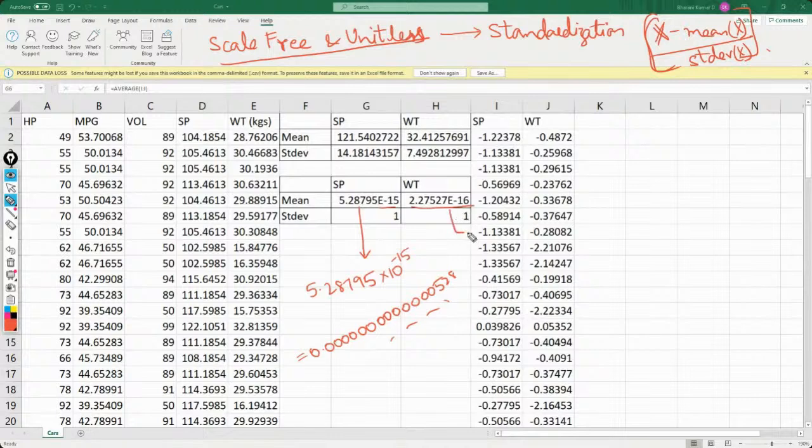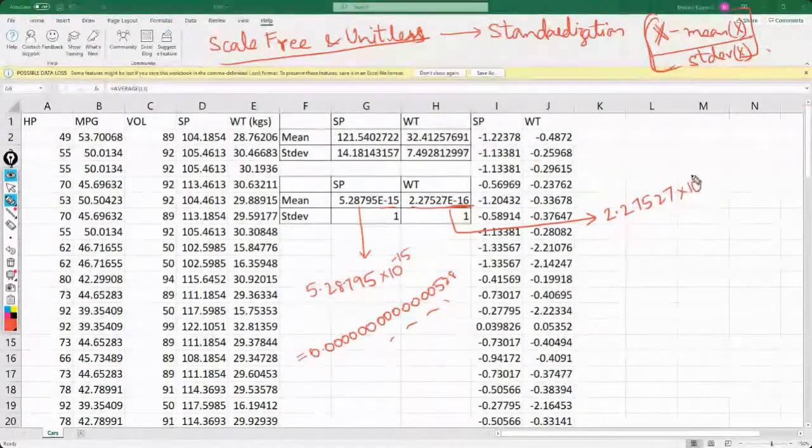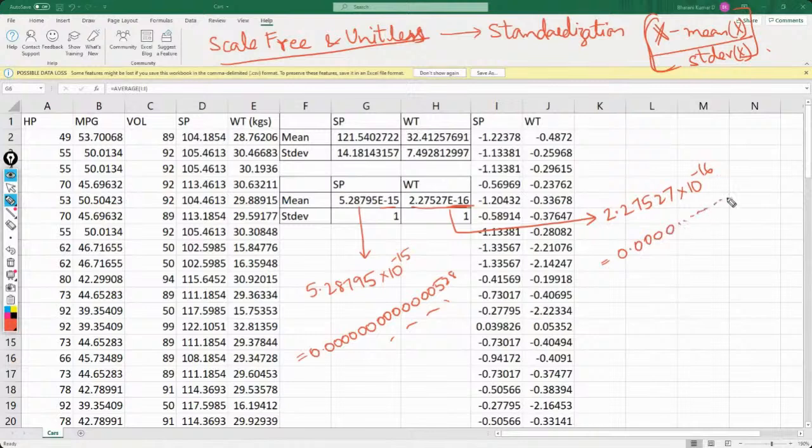Same is the case with this number, wherein you write this as 2.27527, when you have E minus 16, you write it as multiplied by 10 raised to the power minus 16. So this would be 0.1234, all the zeros, 227. It is approximately 0.